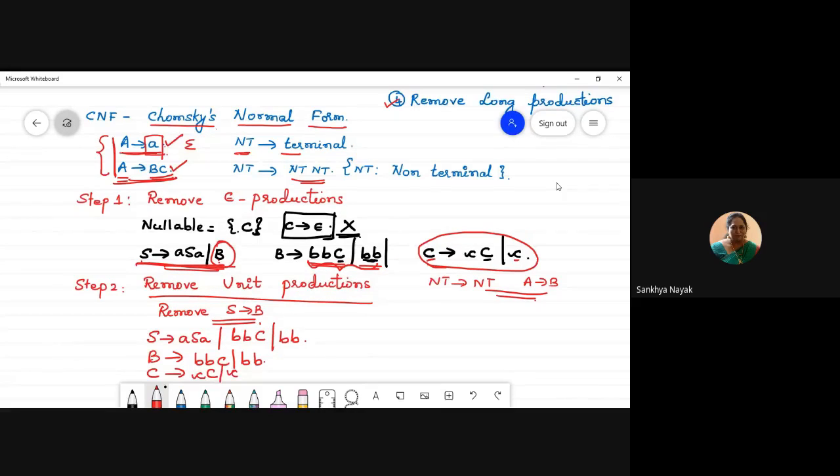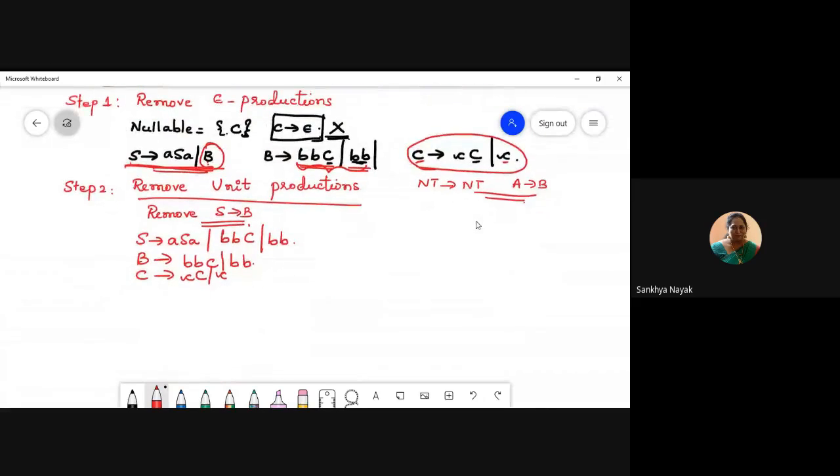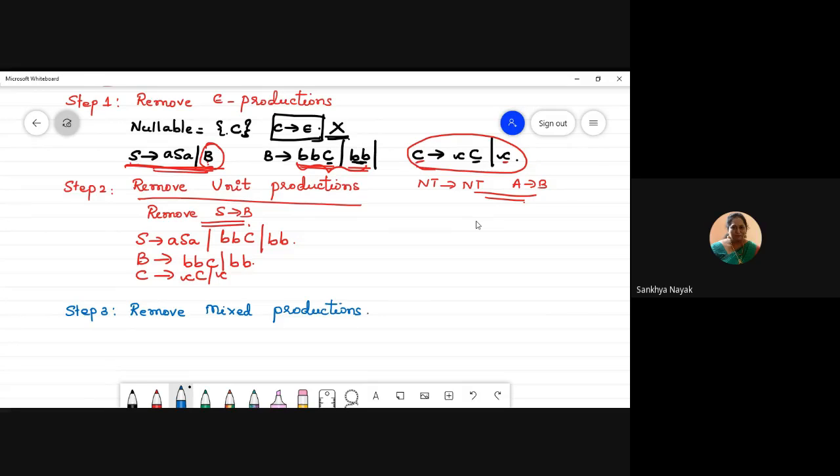Okay. So 2 steps are over. What is the third step? Third step is remove mixed productions. Correct? Remove mixed productions. So what are mixed productions? Those which have a combination of terminals and non-terminals is called as a mixed production.